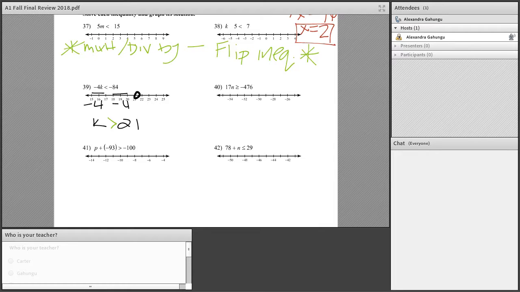And it'll be greater than, so I'm going to show it here in that direction. So the most important thing with our inequalities is we're watching out for that.